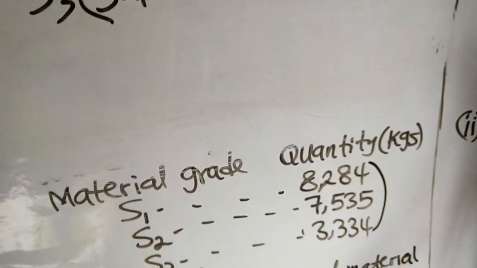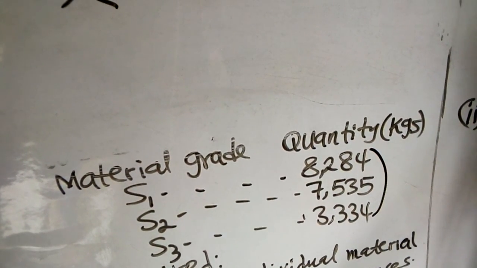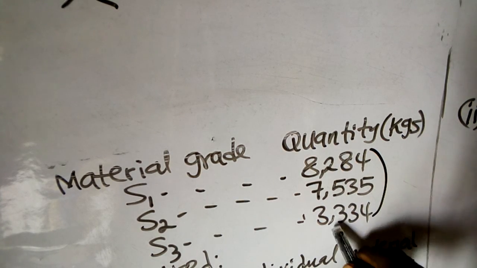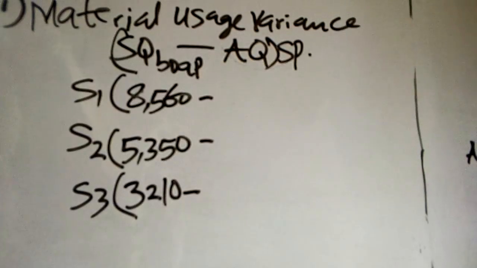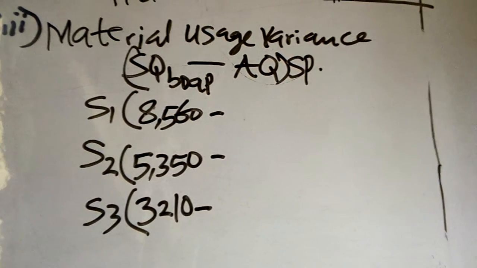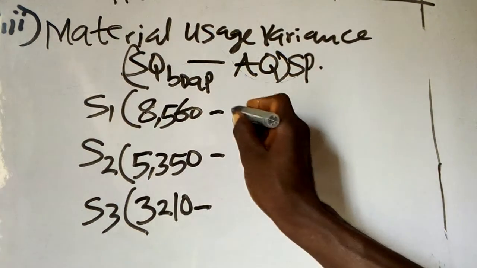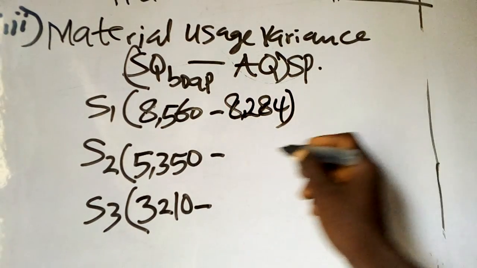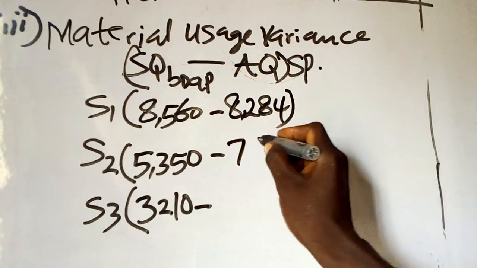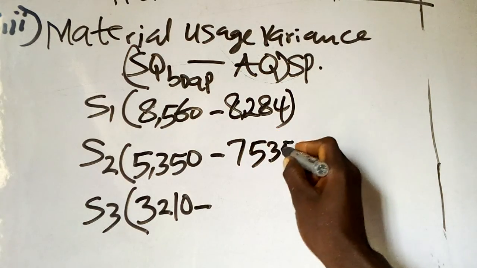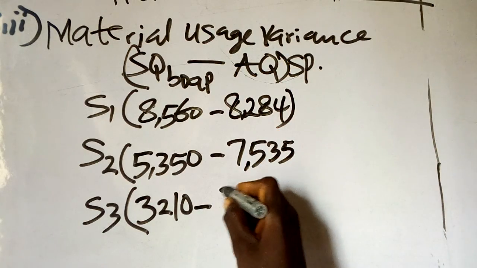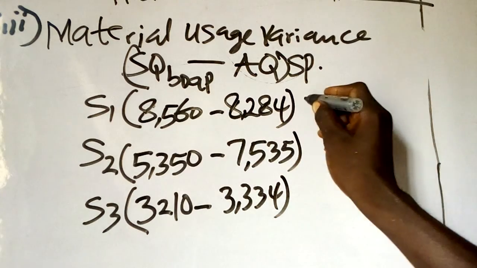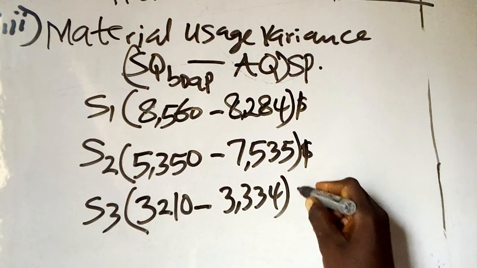Actual quantity as given in the question is 8,284, 7,535 and 3,334, multiplied by the standard price.